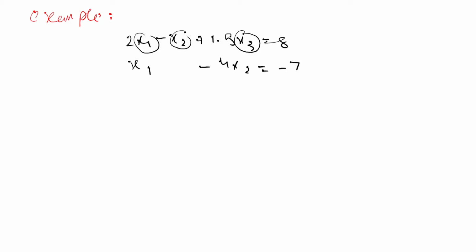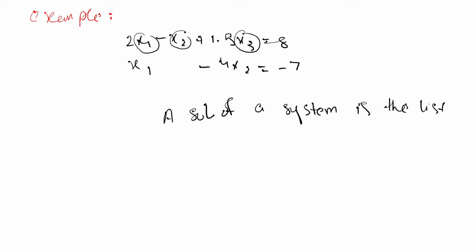And another thing, a solution of a system is a list of numbers. These are just some basic examples, then definitions.